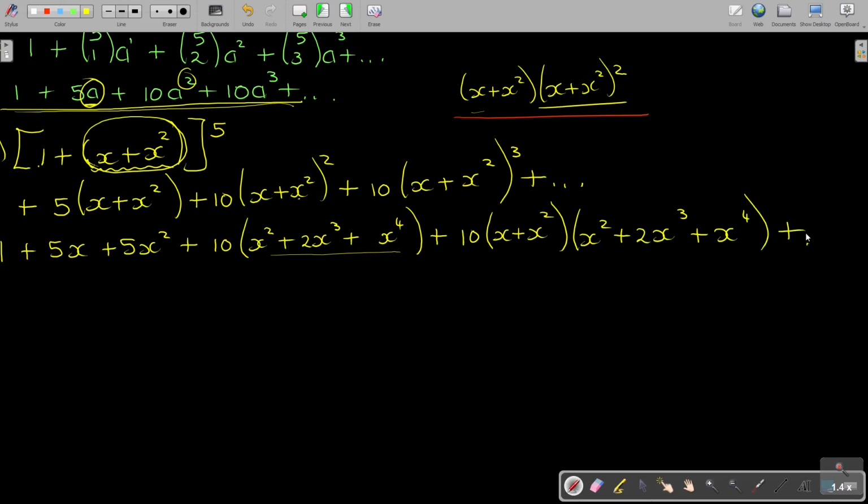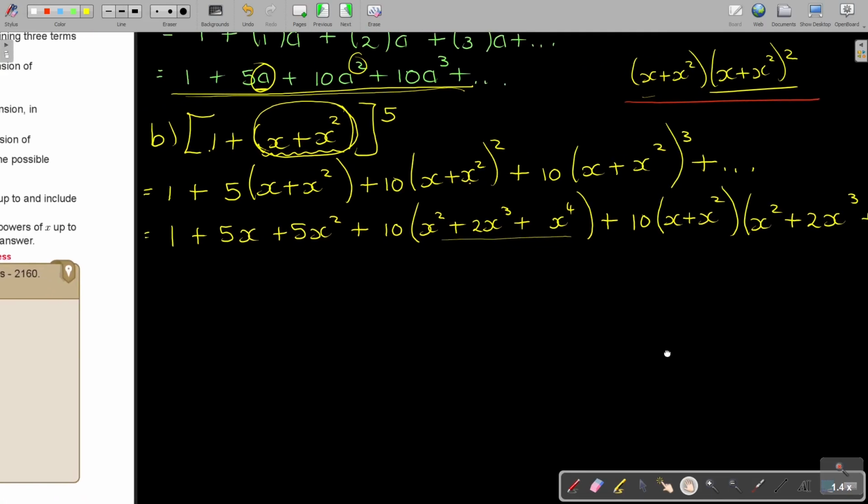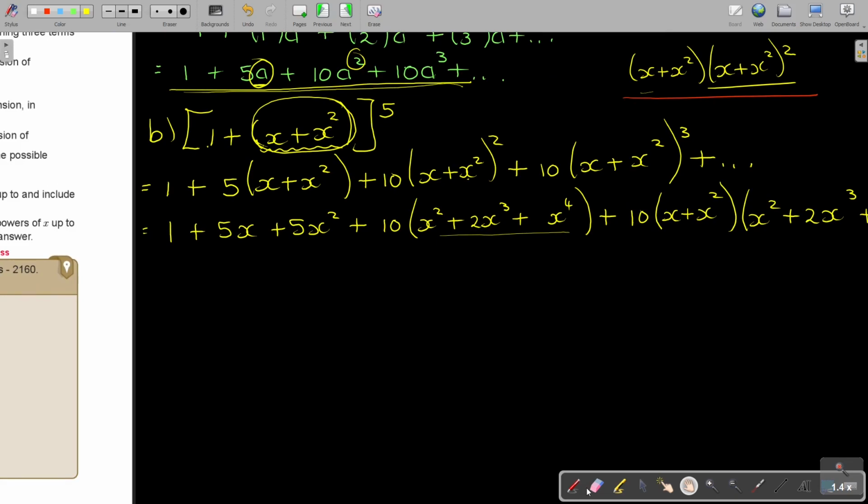Okay, let's go on. I'm trying to simplify still, and I see how far I must go with the other one, because it's to the power of x3. Okay, now I can multiply in here. So it's 10x squared plus 20x to the power of 3 plus 10x to the power of 4.